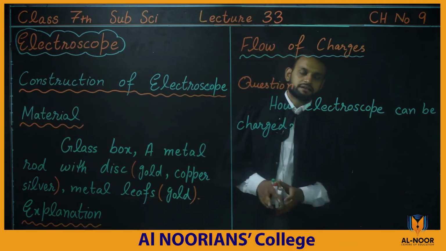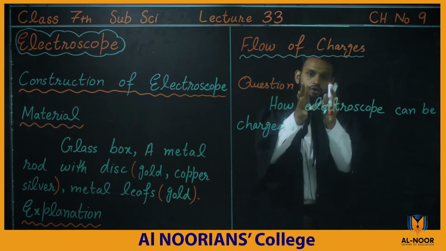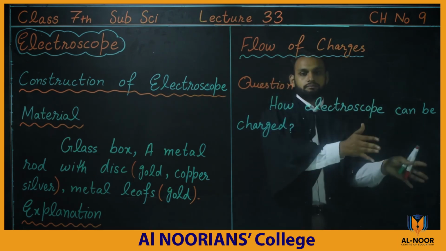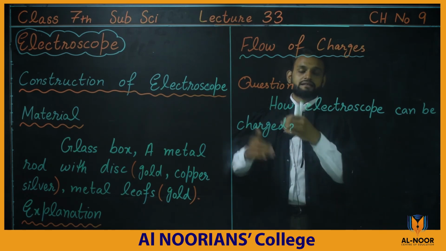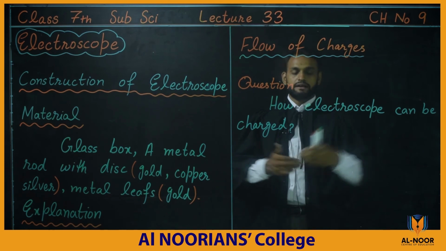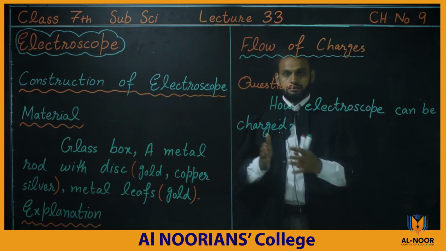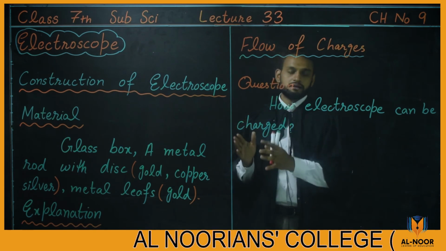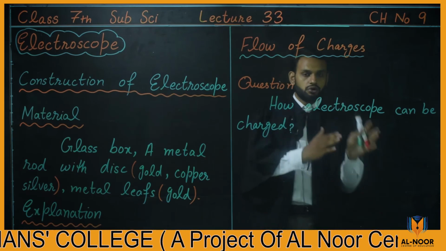This means that charge always flows from high level to low level, because the charged electroscope has an excess amount of charge, but the uncharged electroscope has no charge. So I say that charge always flows from high level to low level.